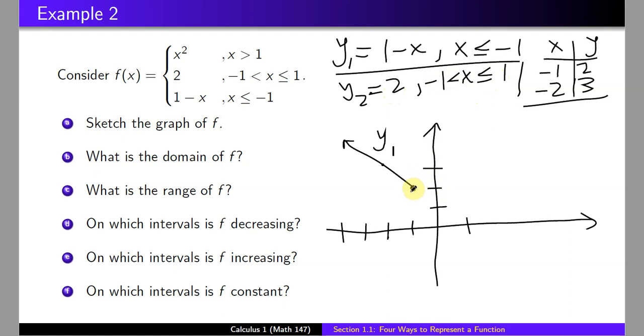So you would technically have a hole here, but that hole is filled in from y1. So you're just going to kind of extend this over. So that hole from y2 was filled in by y1. And then this is going to go over, and it looks like we're going to include the point right here at x equals 1. So this is y2.